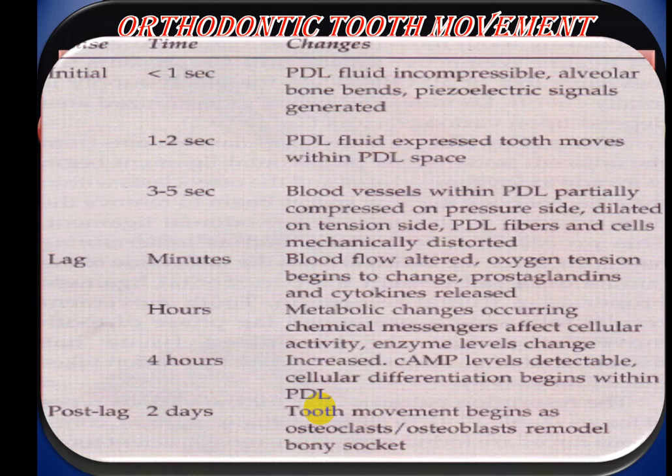After hours, metabolic changes occur. Chemical messengers will be activated and act on cellular activation. After about 4 hours in the lag phase, there will be cellular differentiation of the cells present in the PD ligament, and there will be an activation of them.